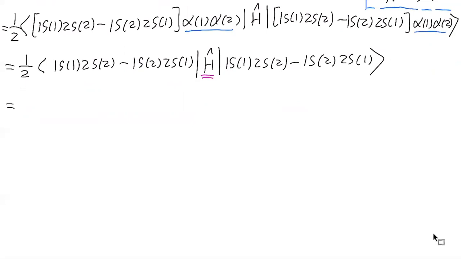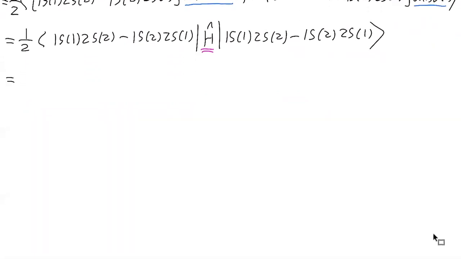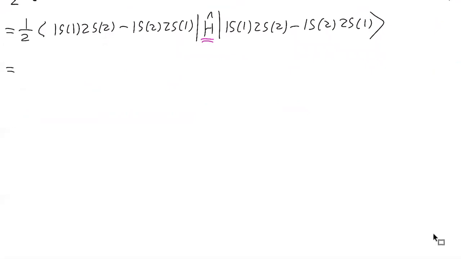You can separate this expectation value into multiple terms, right? So if we consider, for instance, the first term, we have 1 over 2. We always have 1 over 2. Let's consider 1s1, so let's consider the operator for the first electron only.